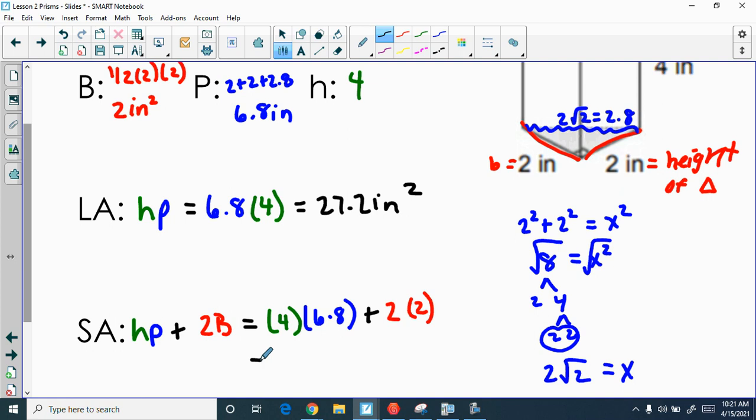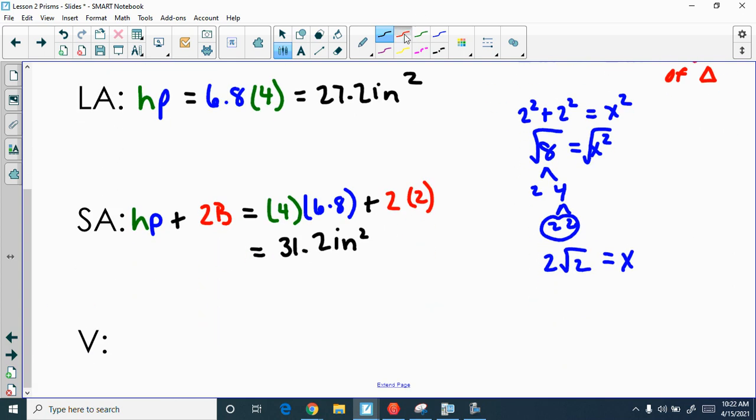And we'll get our final answer there to be, when we type it all in, 31.2 inches squared. And for our last piece, volume, we're going to take our big B and multiply by our height, which will give us 2 times 4, or 8 inches cubed.